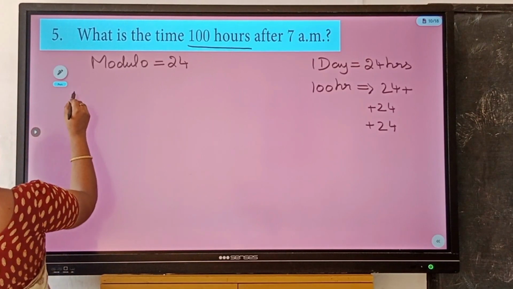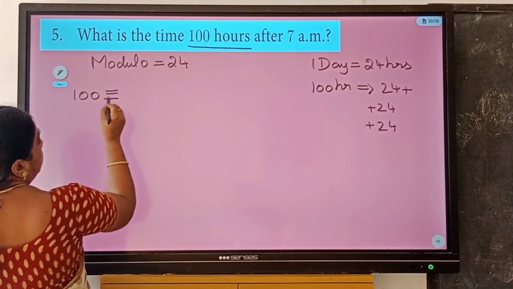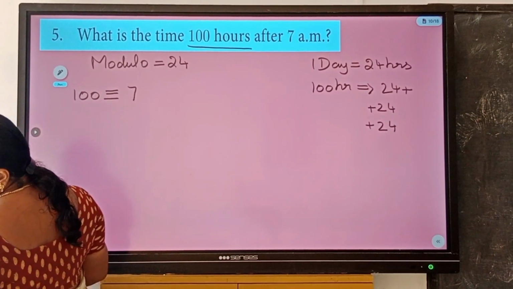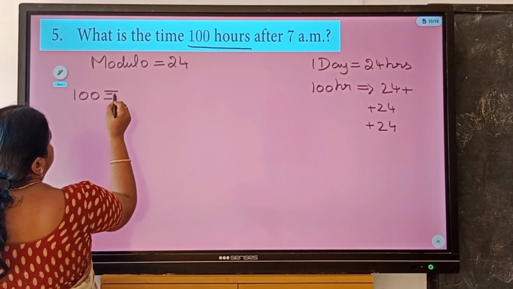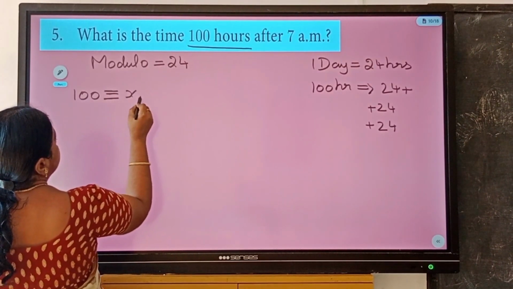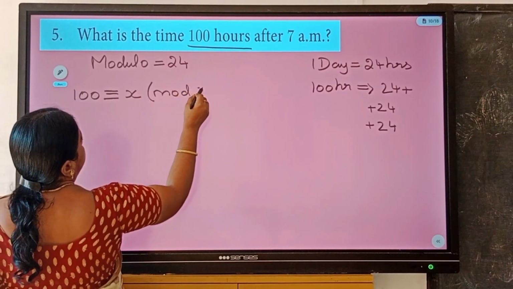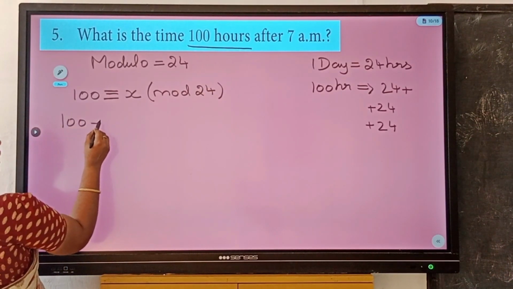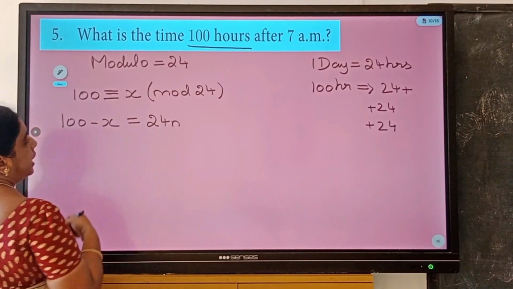So we are going to write 100 is congruent to some number modulo 24, where you can write in the next step 100 minus x is some multiple of 24.